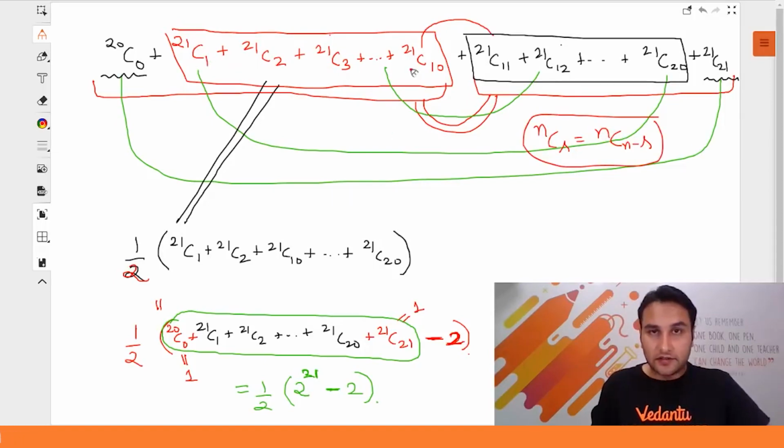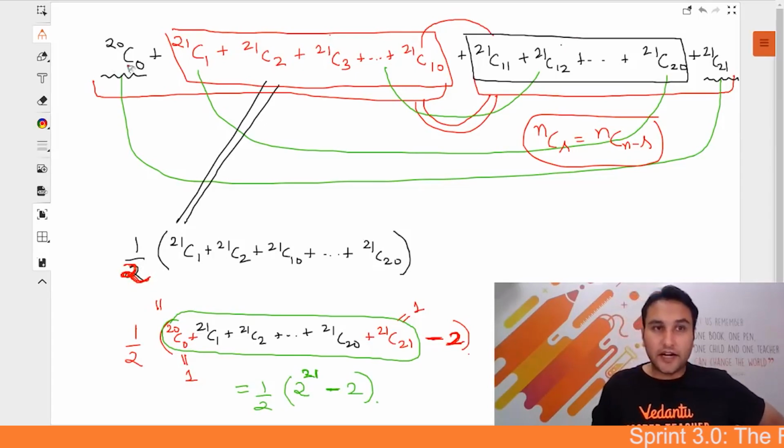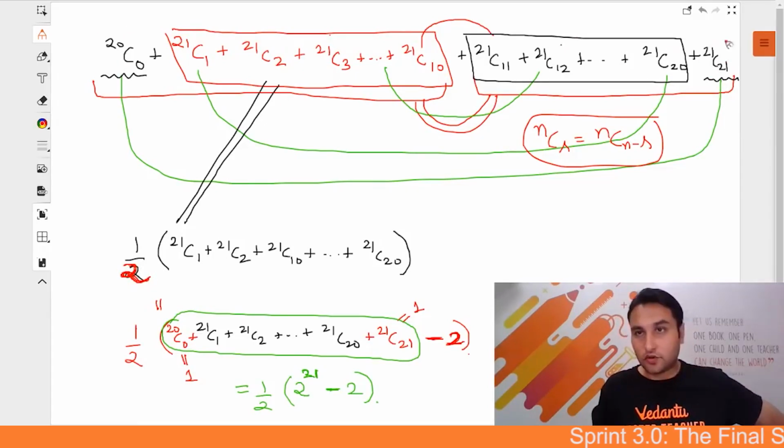So this red को मैंने क्या लिखा? Red plus black. But since red and black are equal, so I put a half outside. ठीक है, to write the red one as red plus black by 2. Now then I added this and this. But this is equal to 1. This is also equal to 1.